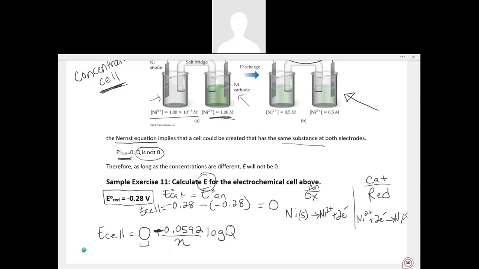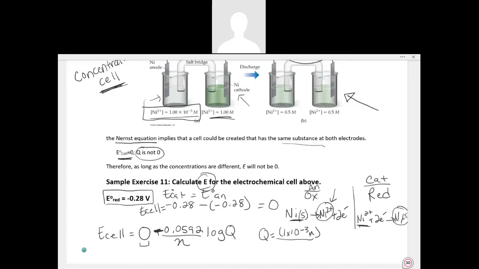Now we can use this to help us figure out our Q. Our Q is going to be the concentration of our products over our reactants. We see that our product will be at the anode, this nickel 2+ concentration, so that's going to go on top, 1 times 10 to the negative 3 molar.